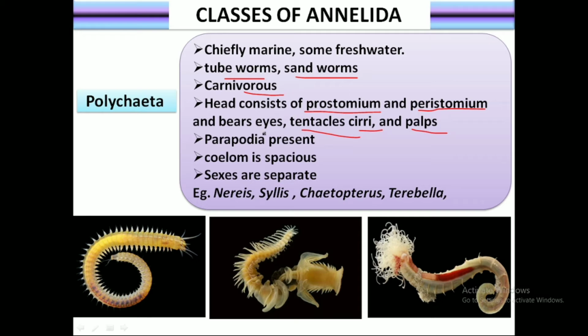Parapodia are very specific and present, their coelom is also well developed, and their sexes are separate. So, the common representatives of this class include Nereis, this is the Nereis, then Chaetopterus and Terebella species.